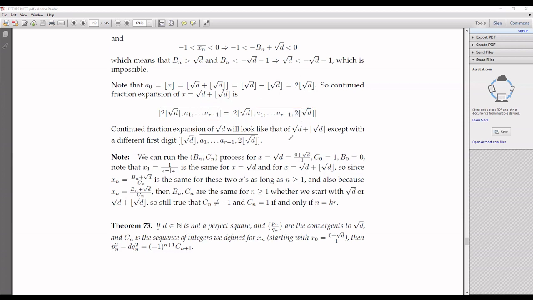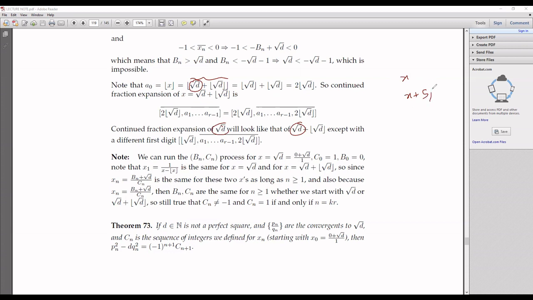But what about the continued fraction of just square root of d, not this number, but only square root of d? You can see that basically the square root of d and the square root of any number x and x plus, for example, 5, what is the difference between their continued fractions? These two numbers have no difference in their fractional parts.